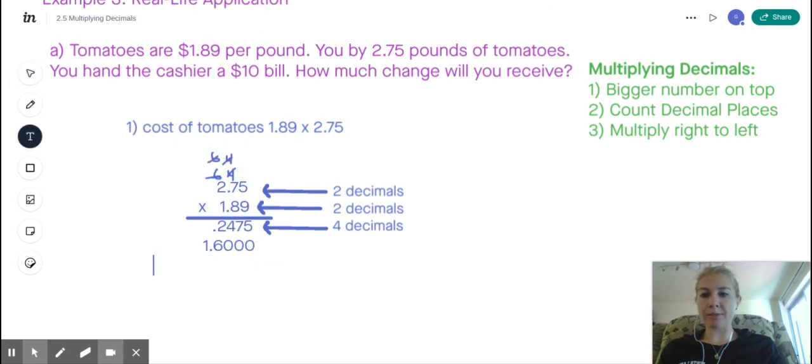Now we're going to start multiplying with our 1, but we need to add 2 zeros because the 1 is in the hundredths place. Technically the 1 is in the ones place because there's a decimal, but it's the third number over. So we add 2 zeros to the bottom. Then 1 times 5 is 5, 1 times 7 is 7, and 1 times 2 is 2.